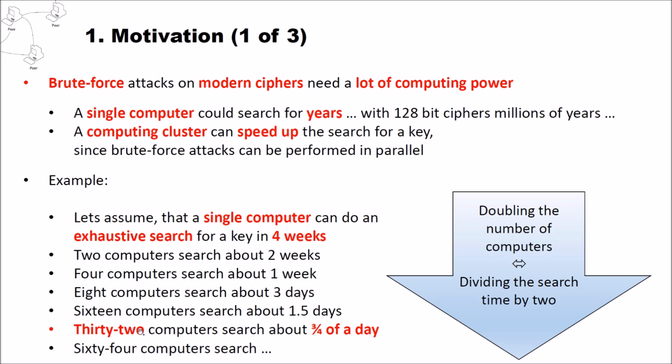With 32 computers, the search is only about 3/4 of a day. You see where we are going here. So 64 computers search only in half of that time. So what we see here is that doubling the number of computers for cryptanalysis, or for every parallelizable computing problem, divides the search or the computation time by 2.